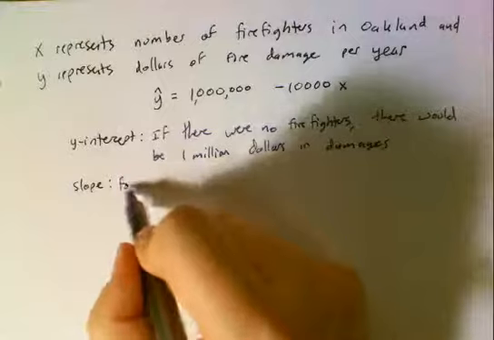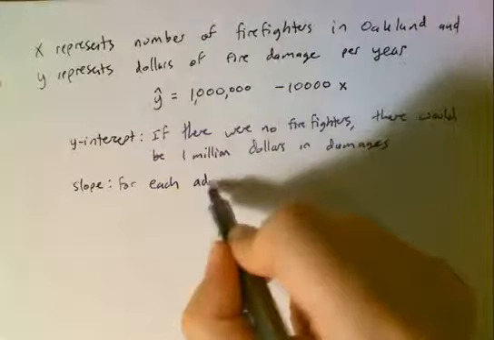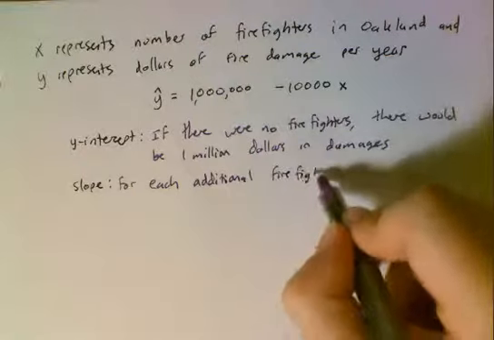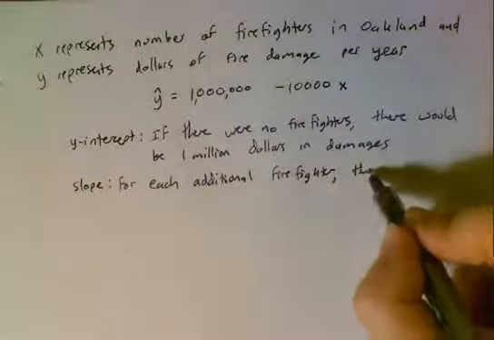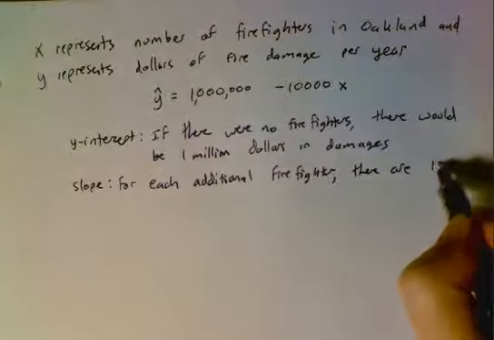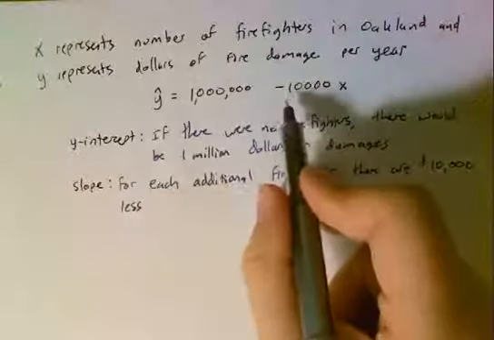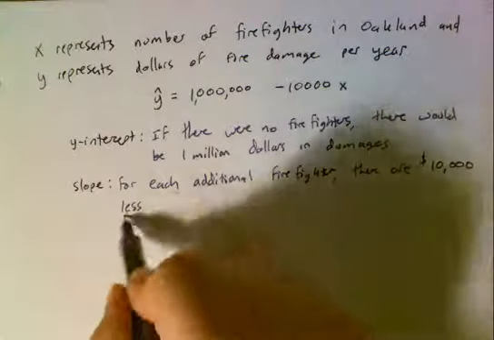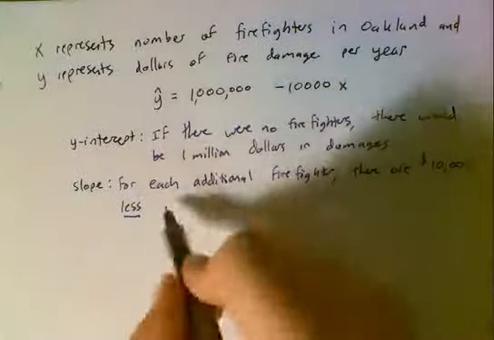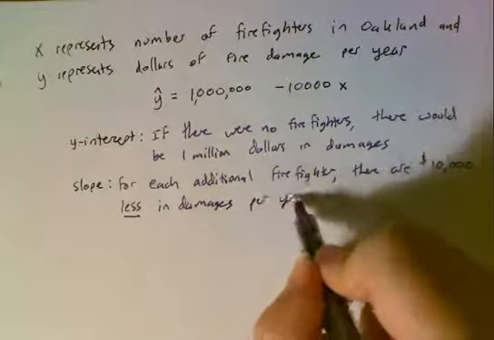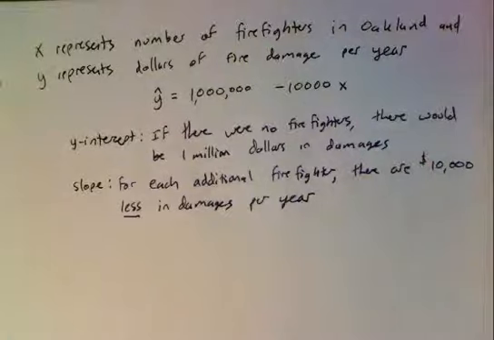And the slope means for each additional firefighter, there are $10,000 less, because notice this is negative, we're subtracting $10,000 for each additional firefighter, in damages per year. So that's how those work generally.